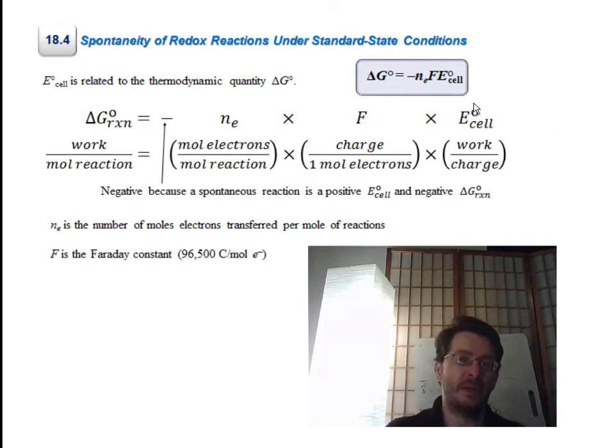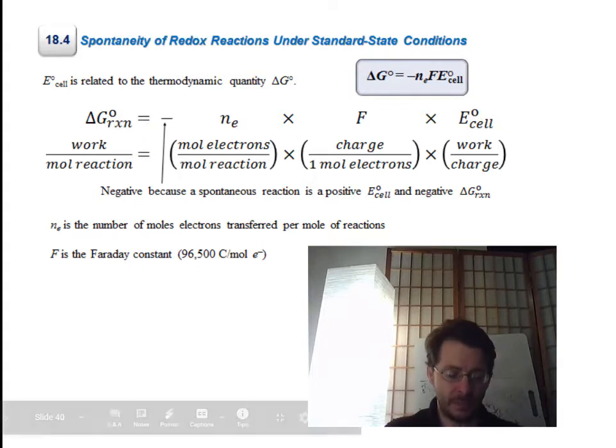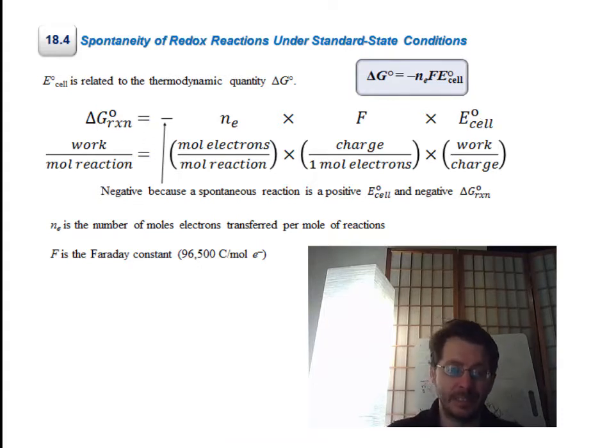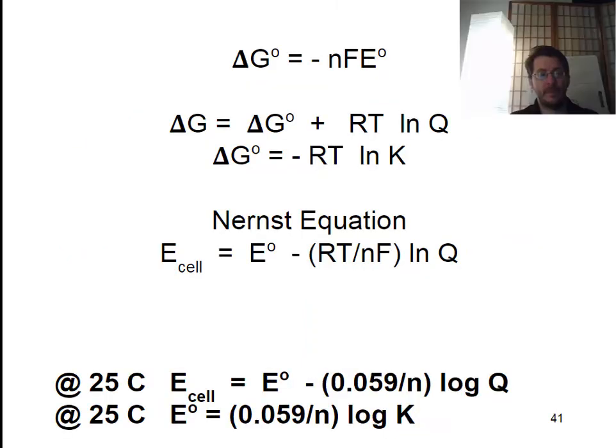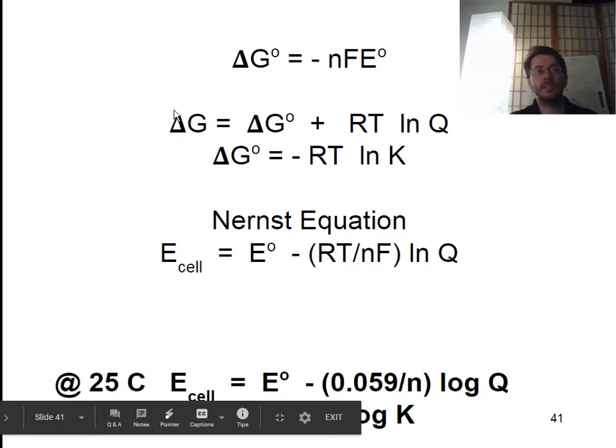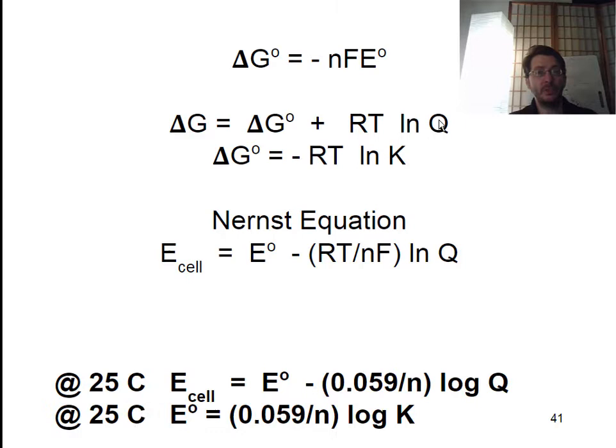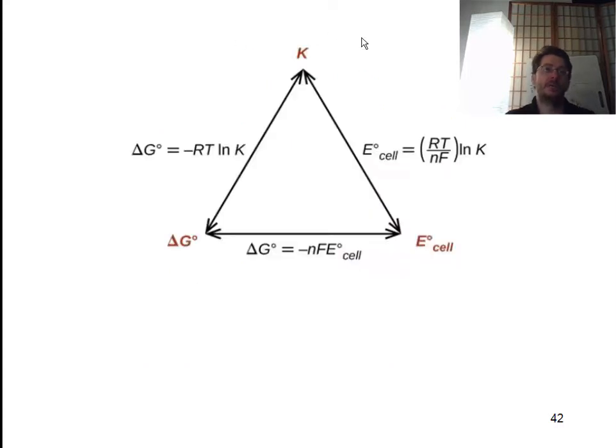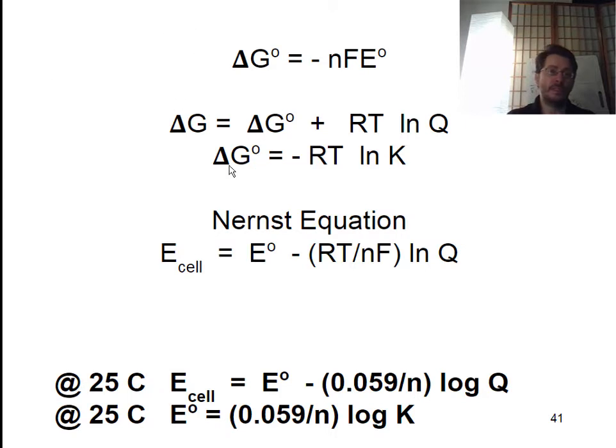Now, if this was under standard state conditions, we can figure that out as well. But you can also do it under non-standard state conditions, because delta G is equal to delta G naught plus RT ln Q. Well, you can plug in this relationship between voltage and Gibbs free energy into our non-standard state equation.